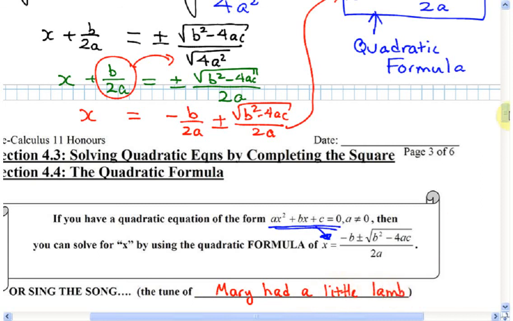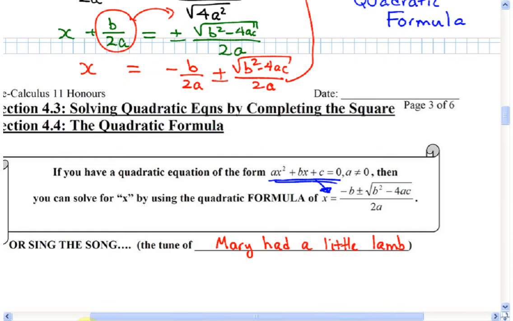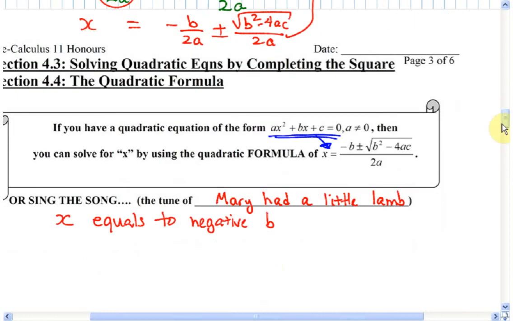So, what's the first verse going to be? x equals negative b. You can memorize it or you can memorize the song. I like the song. So, x equals negative b. What's next? Plus or minus. Plus or minus what?